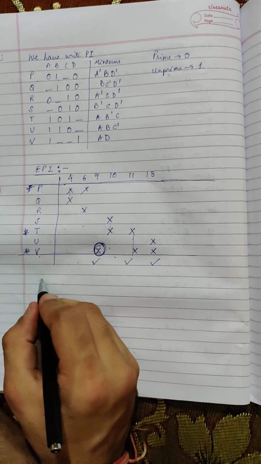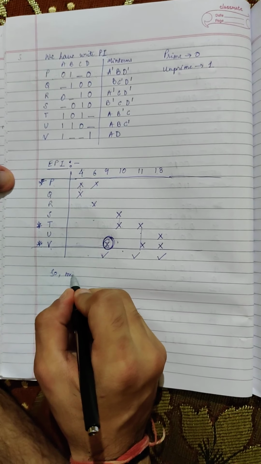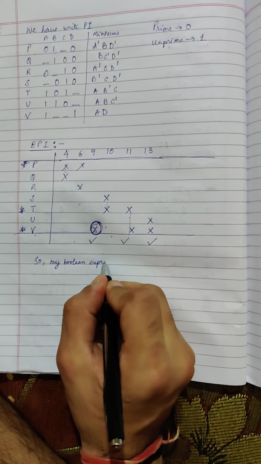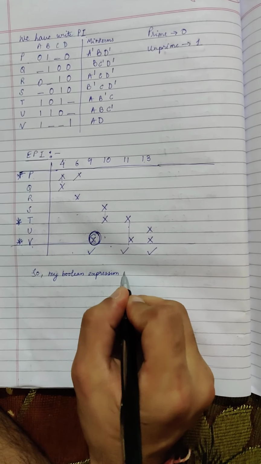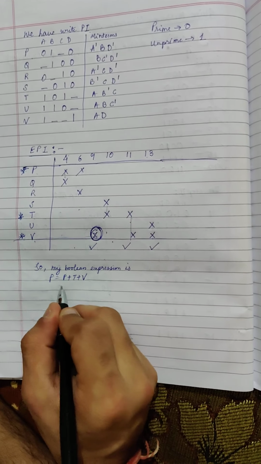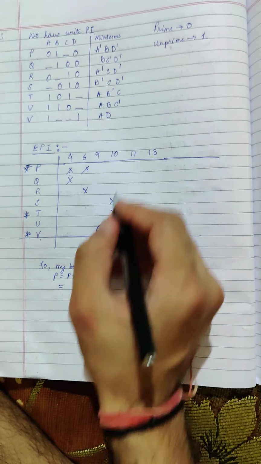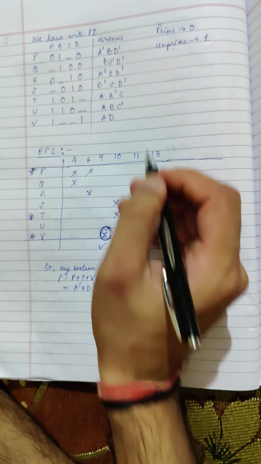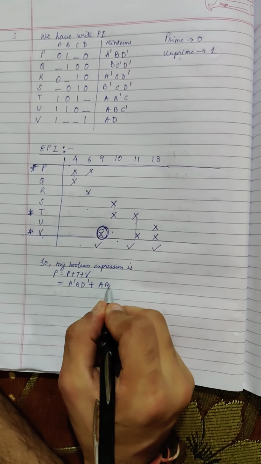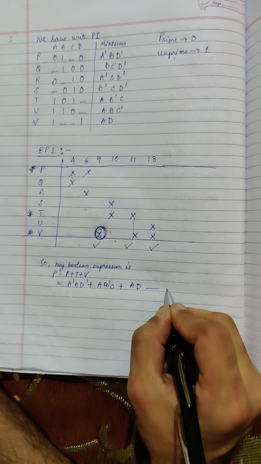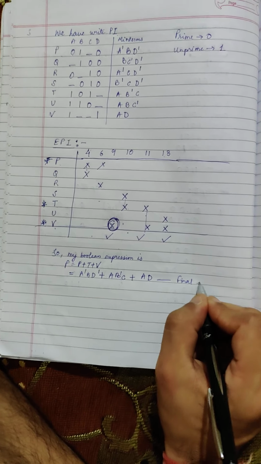So now my Boolean expression is f equal to P plus T plus V. P was our A dash B D dash, T is A B dash C, plus V. V was A D. So this is our final expression.